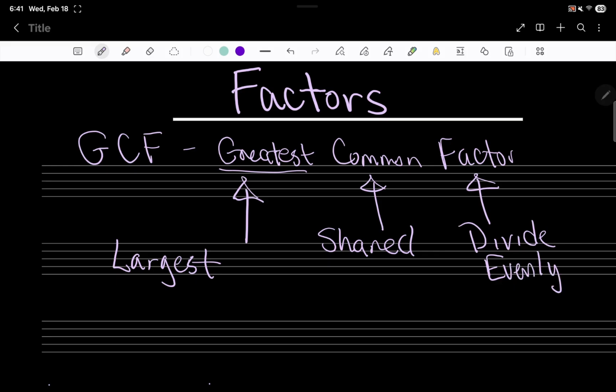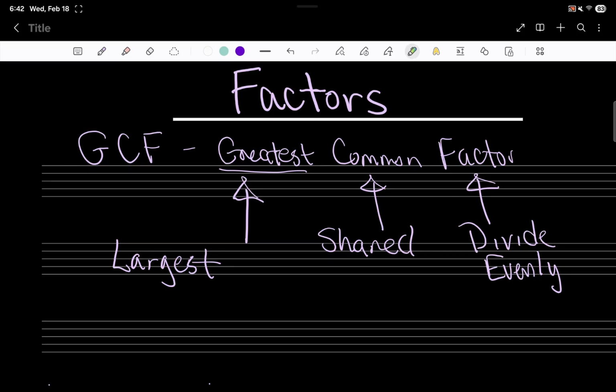Factors of a number are typically the numbers that are multiplied together to create that number, but a way to verify is to divide the number to make sure it divides evenly.